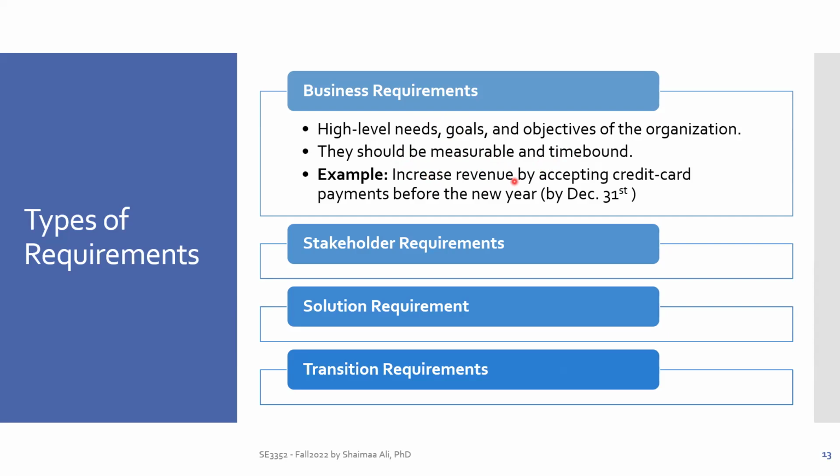So here, the business goal of the organization is to increase revenue by accepting credit card payments before the new year. Increasing the revenue can be measured, and the timing can also be specified here.